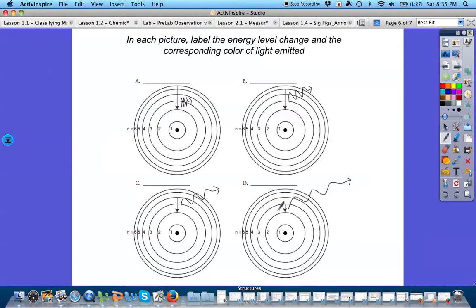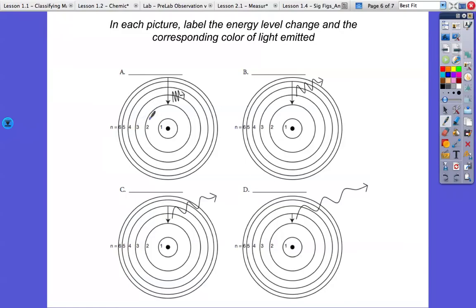So we have these 4 different diagrams, and each shows an electron transition. So we're going to look here at where the arrow starts. That's going to show where our electron is starting.